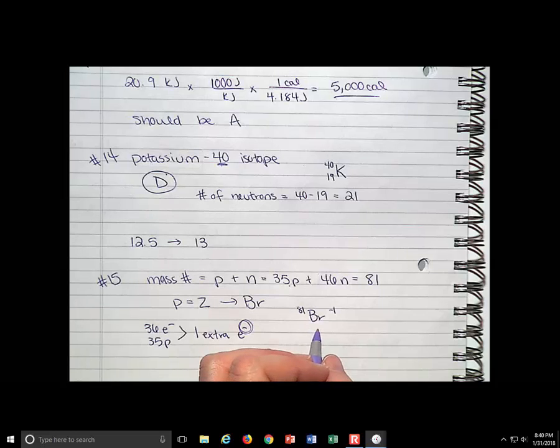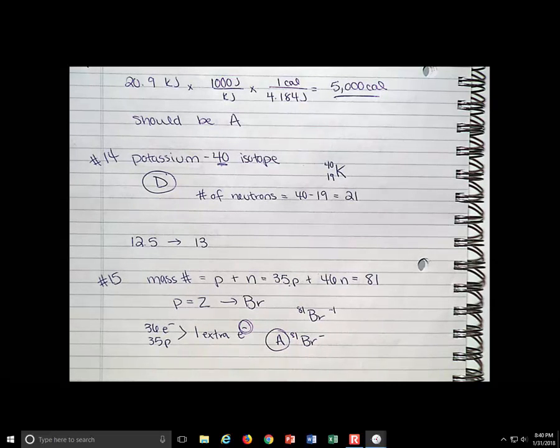Oftentimes, this is going to be the only exam where you would ever even see the mass number and a charge. Most of the time we don't even include the mass number. We just write the charge on these ions. But yes, so you would want to pick A. Cool. Any questions with that?